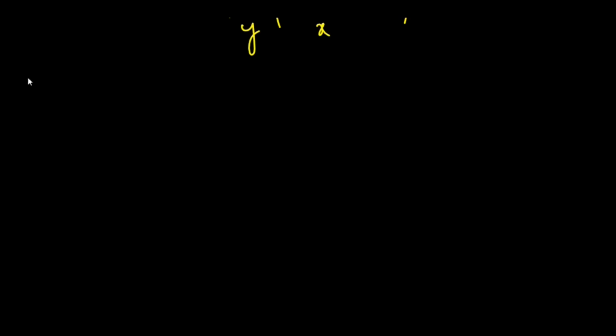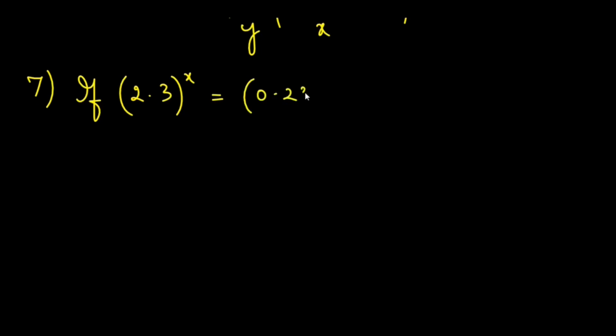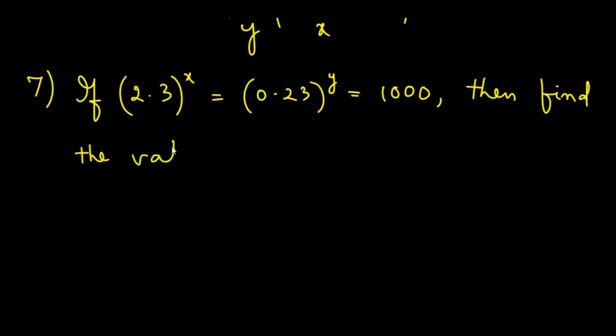Now the seventh question. If 2.3 power x is equal to 0.23 power y is equal to 1000, then find the value of 1 by x minus 1 by y.